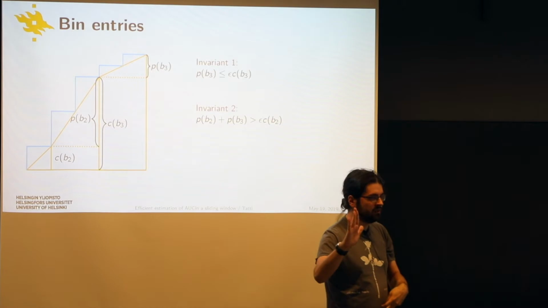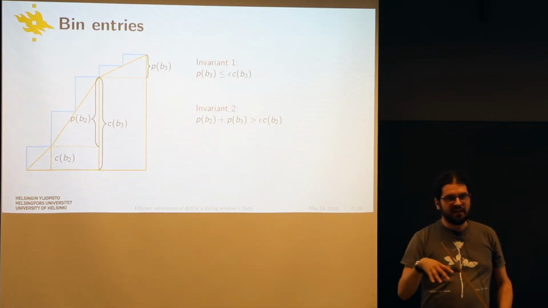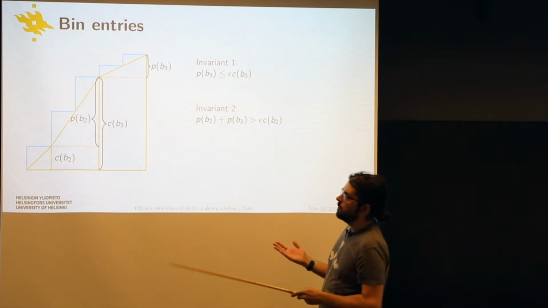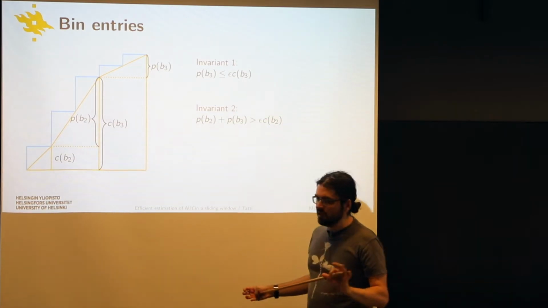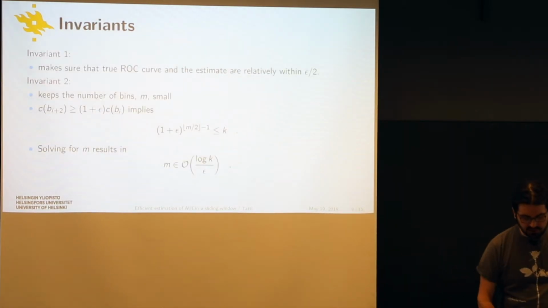So the left side of that bin. So that's kind of the opposite of the requirement. And what it does is that it forces the number of bins to stay small. Right? So this is what it does.